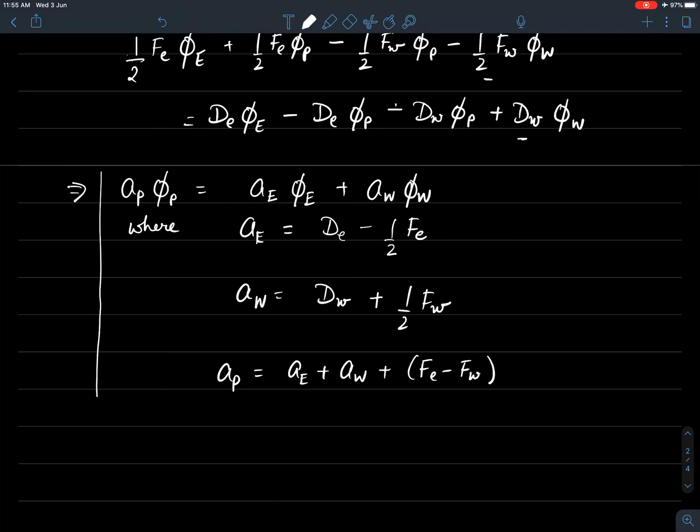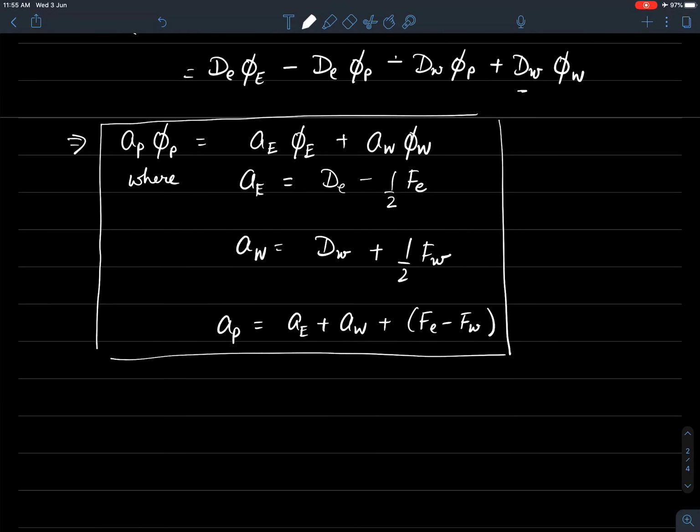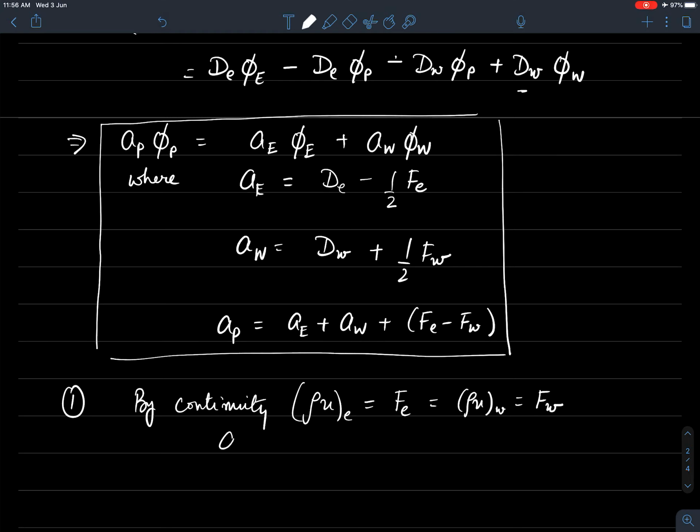So this is the final discretized form in this scheme. Now let me say a few words about this scheme. First of all, by the continuity equation, rho UE, which we wrote as Fe, should be equal to rho UW, which we wrote as Fw.